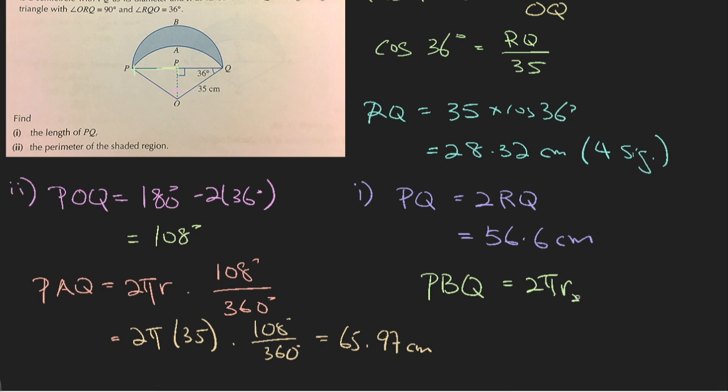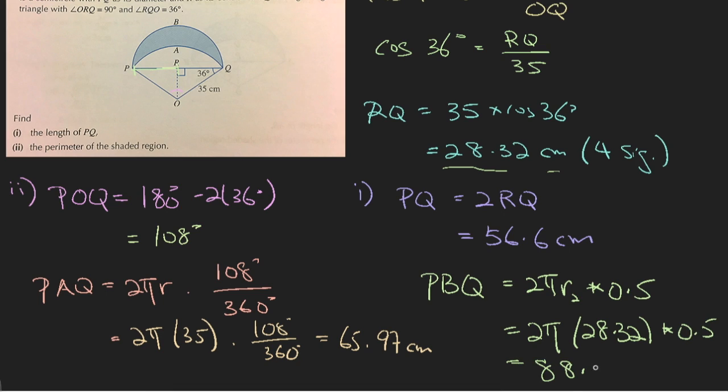So 2 pi r2 multiplied by 0.5, you will get PBQ, because this is a semicircle, which is half. So plug in the numbers again. 2 pi r, 28.32. We get this number from the previous question. Multiply by 0.5, and we have 88.97 cm.